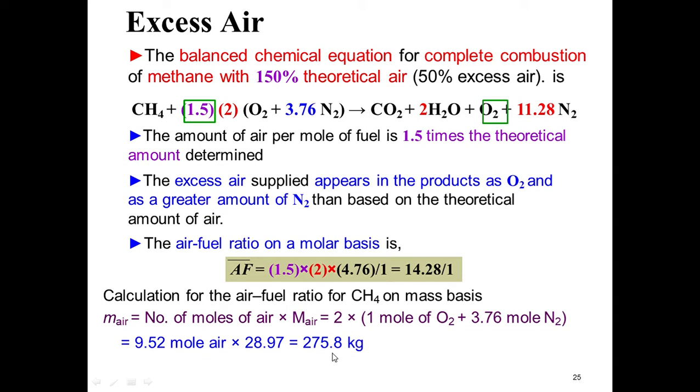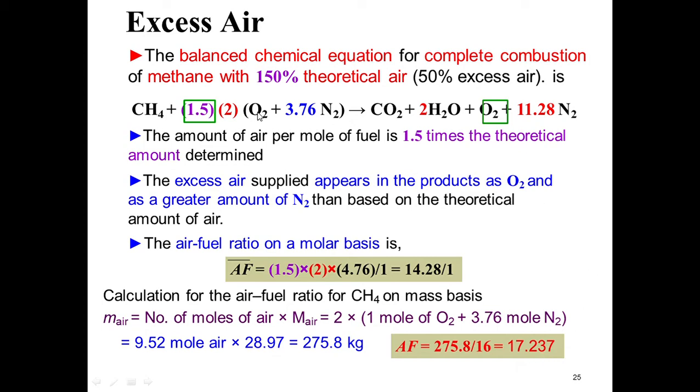So you will get 275.8 kg of air. So that you should remember. The air fuel ratio is 17.23.